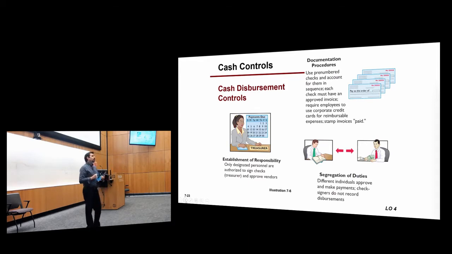When you talk about documentation, again, checks must be numbered. You're sending out a check, that should be numbered. Okay? And they should all be accounted for. If the check goes missing, the company needs to find out where this missing check went. Because if you hide a check, you could pay it later on to yourself.